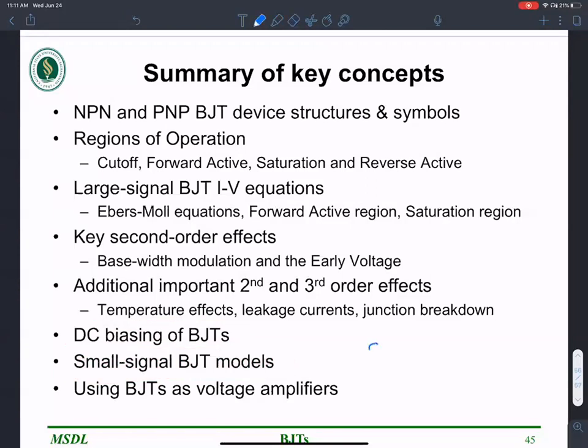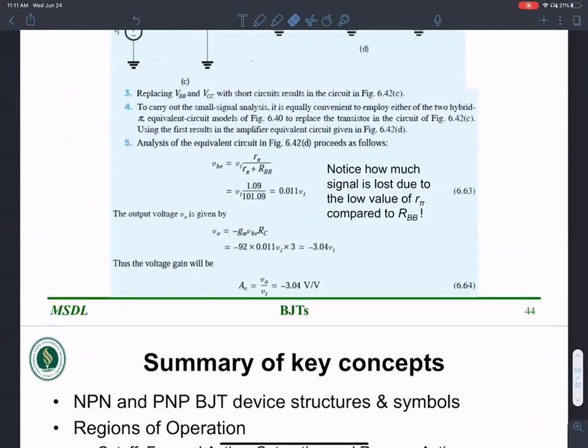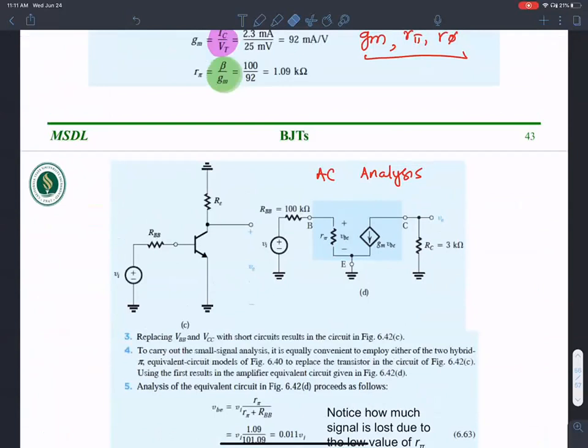In this case, this is called a common emitter amplifier, the bread and butter gain stage. We talk about this in the next chapter. Where is the input? The input is between the base and emitter, right? Input is VBE, because that's where you're applying your input.